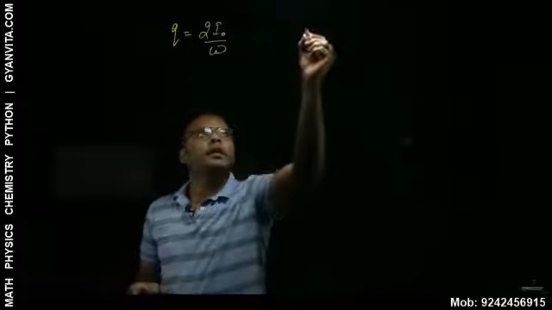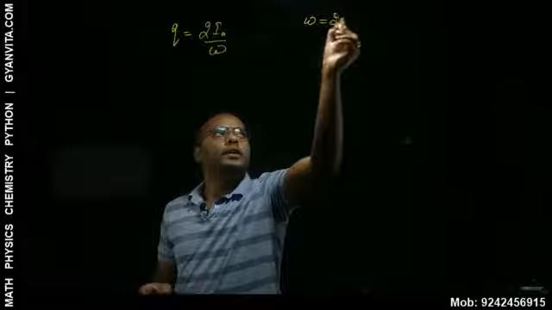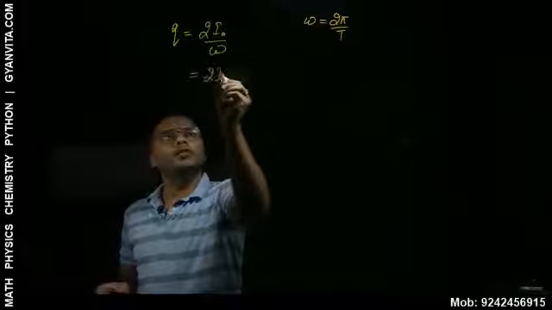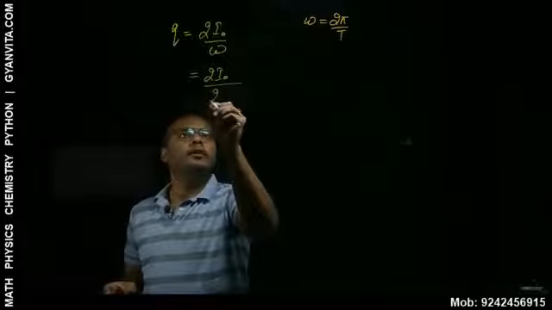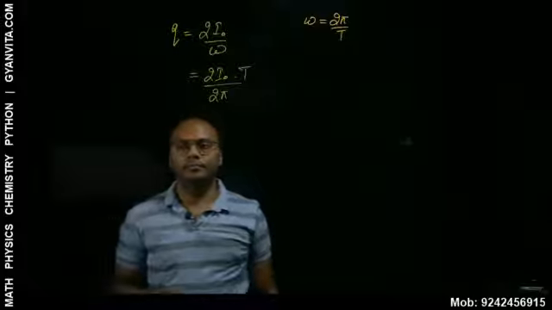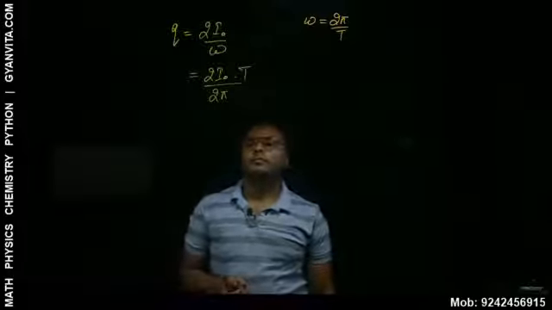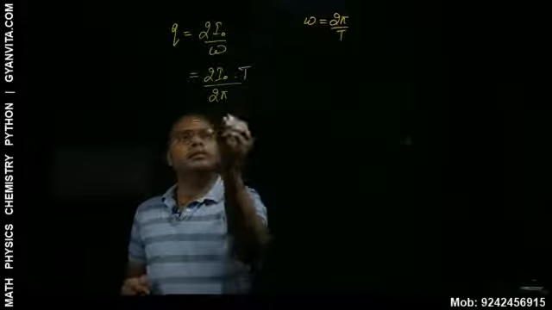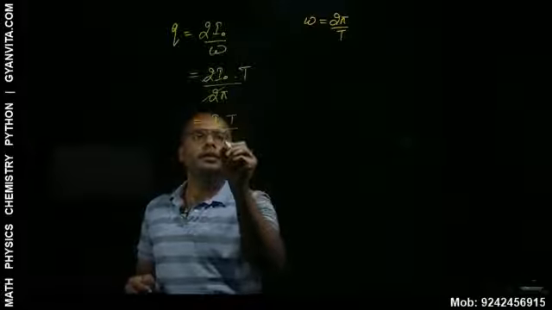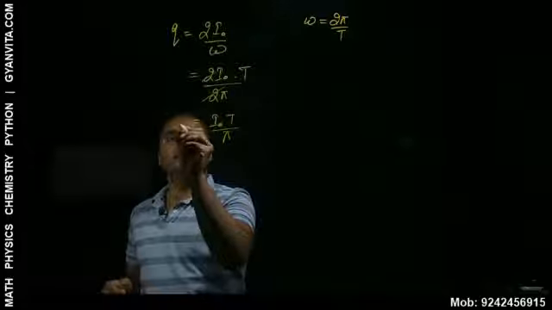Okay, now 2 I naught is okay. What is omega? Omega is 2 pi divided by T. So this can be also written as 2 I naught divided by 2 pi divided by T. Right? So what is this now? This 2 and 2 get cancelled. So this is I naught into T divided by pi. That is the charge.